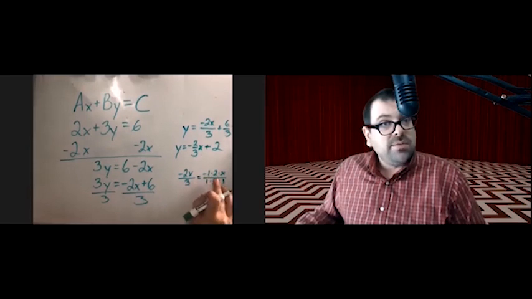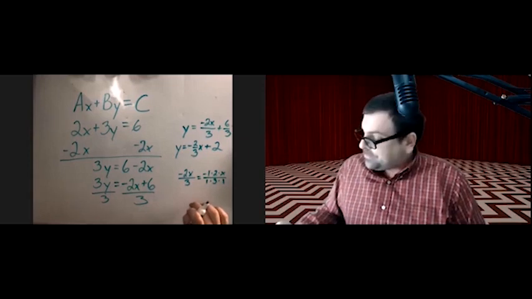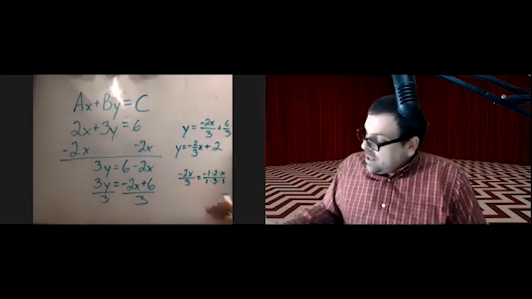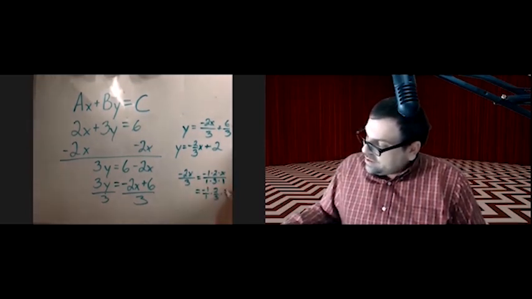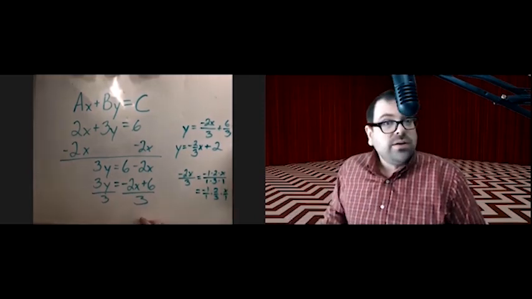Negative 1 times 2 is negative 2 times x is negative 2x. That would be the same as negative 1 over 1 times 2 over 3 times x over 1.